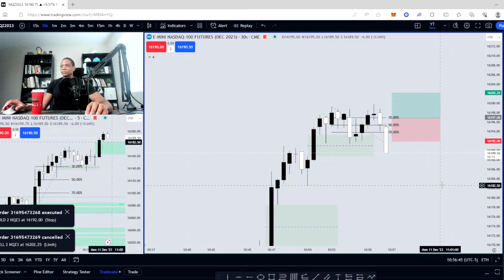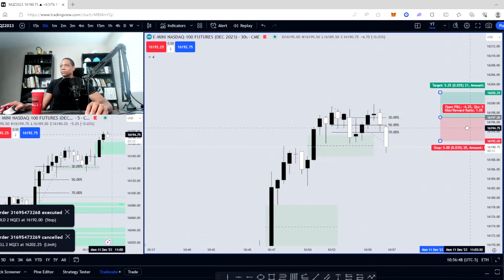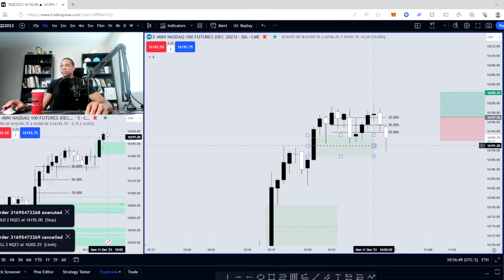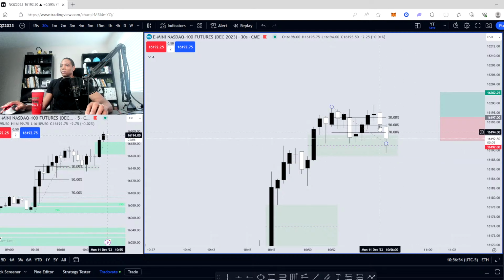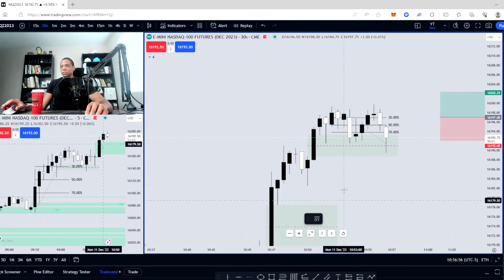Okay, got a setup that is a losing setup here. Price retraced back to these equal lows.